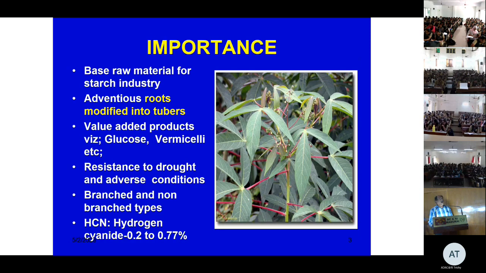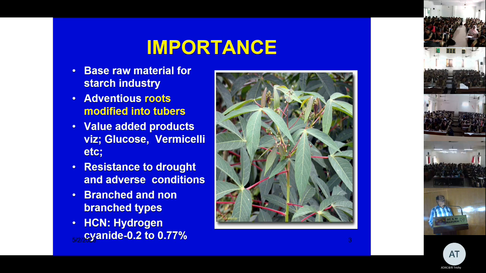Tapioca is an important crop, mainly as a raw material for the starch industry. In tapioca, the adventitious roots are modified into tubers. Many value-added products are made from tapioca, such as glucose and vermicelli.